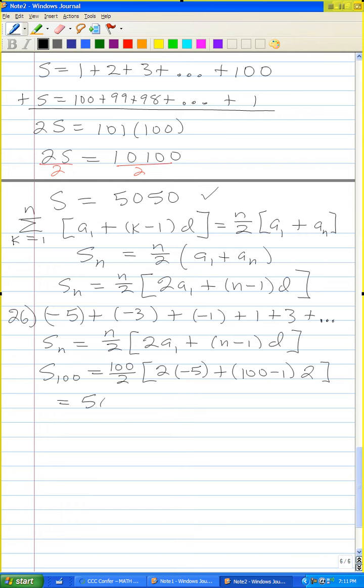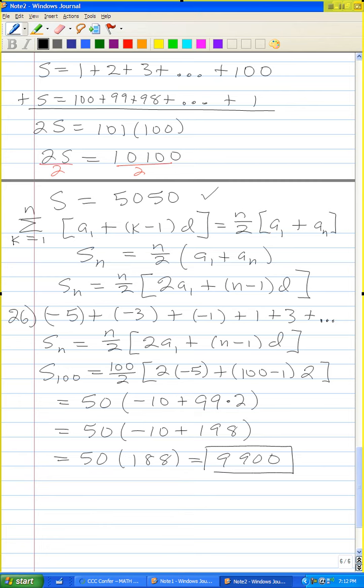So that's going to be 100 divided by 2, which is 50. Negative 5 times 2 is negative 10. 100 minus 1 is 99, times 2 is 198. And so I get 50 times 188.